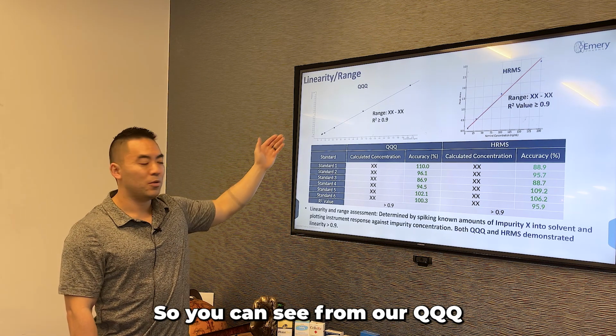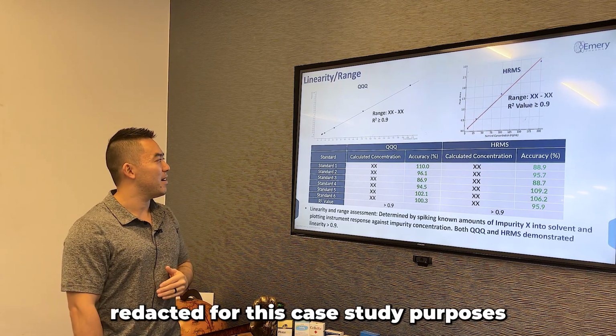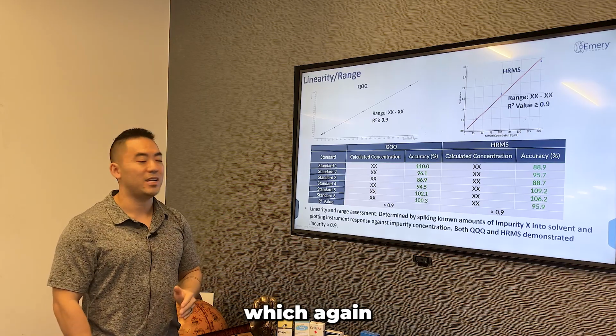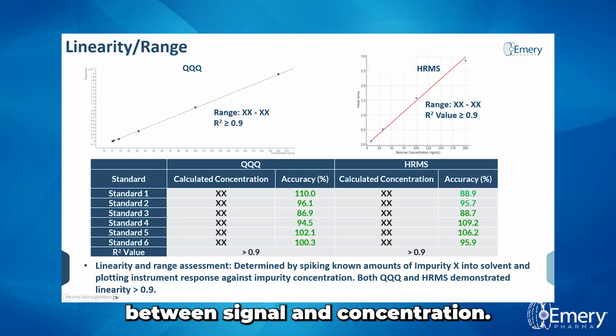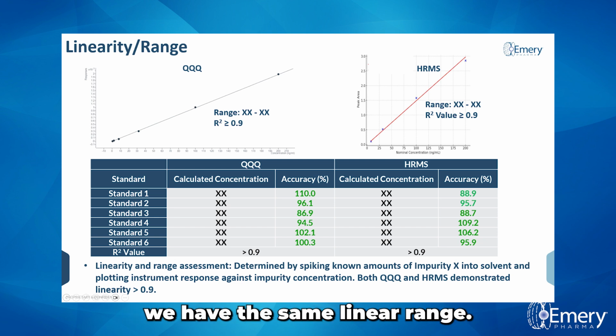From our QQQ throughout this range, redacted for this case study, we have an R-squared value of greater than 0.9, which indicates a strong correlation between signal and concentration. Similarly, on the right for our HRMS, we have the same linear range, and the same linearity as represented by that greater than 0.9 correlation coefficient.